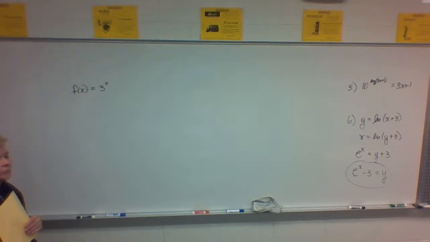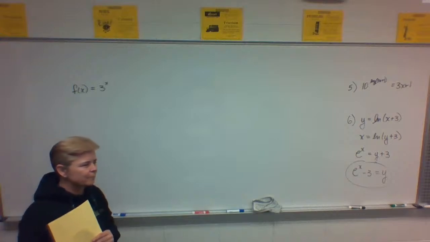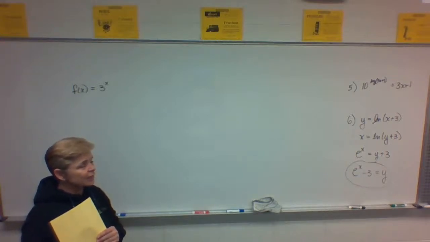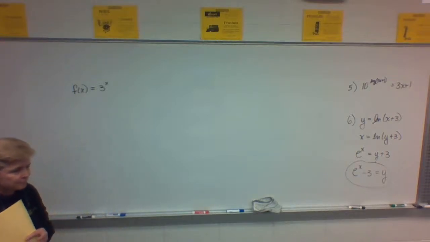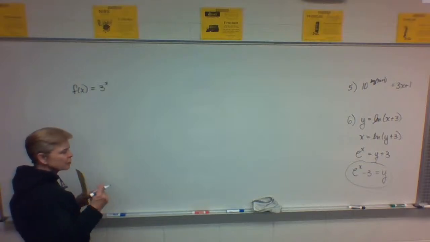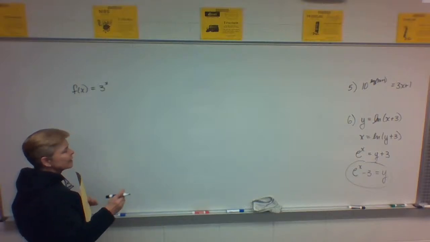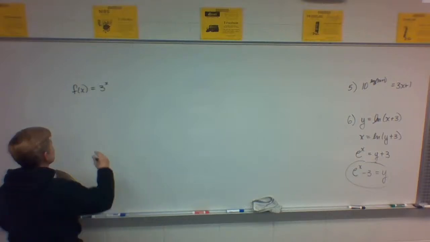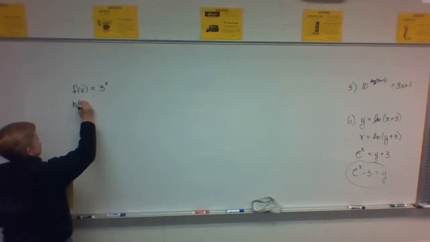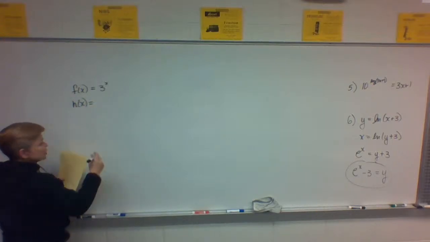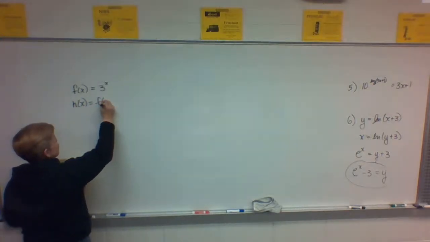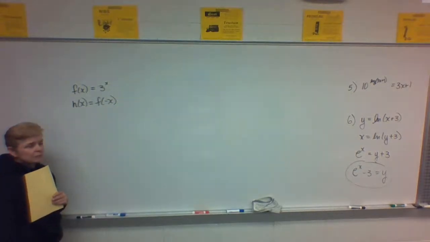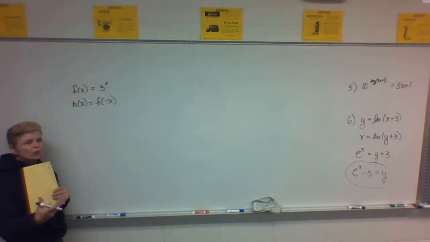You got 2 transformations to do, right? This is a good time for that intermediate h of x. So you can affect the first one, get it all cleaned up, and then affect the next one on that one. So if I say h of x, what we're supposed to do is a reflection in the y-axis. That means f of negative x. That makes sense? That's a generalized reflection in the y.